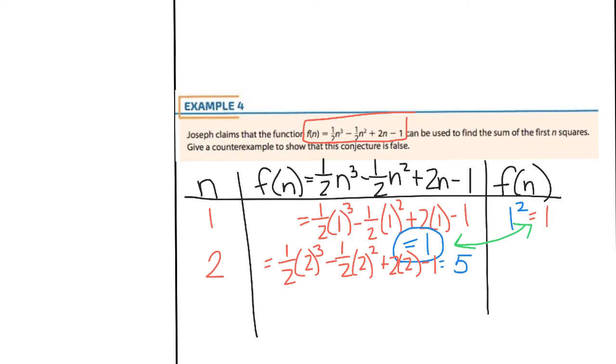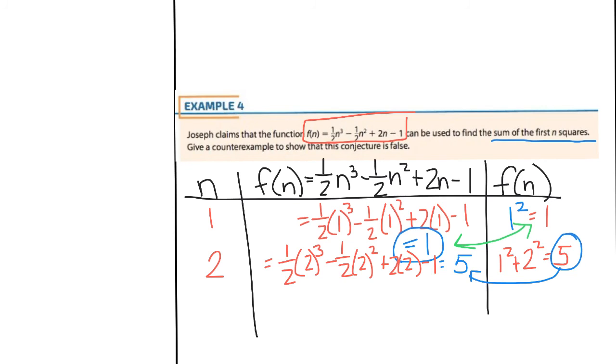And now Joseph's conjecture said this formula is the sum of the first n squares. So what Joseph is saying is that 1 squared plus 2 squared should also equal 5. And it does, because 1 squared is 1, 2 squared is 4, 1 plus 4 is 5. So it works. So far, Joseph, you're seeming pretty good.